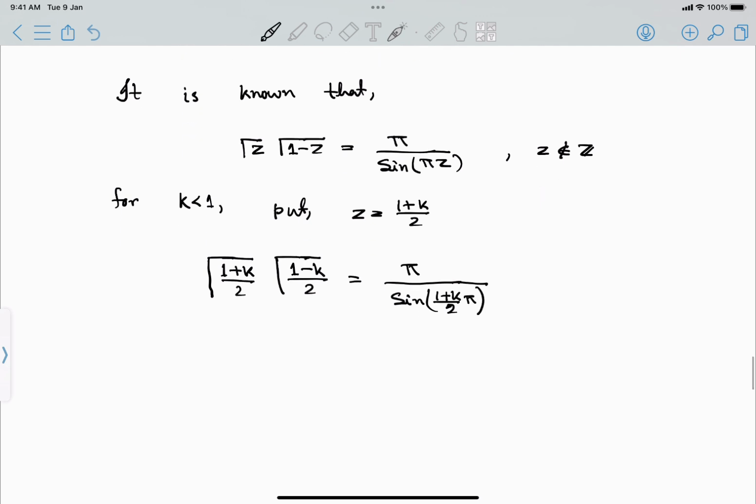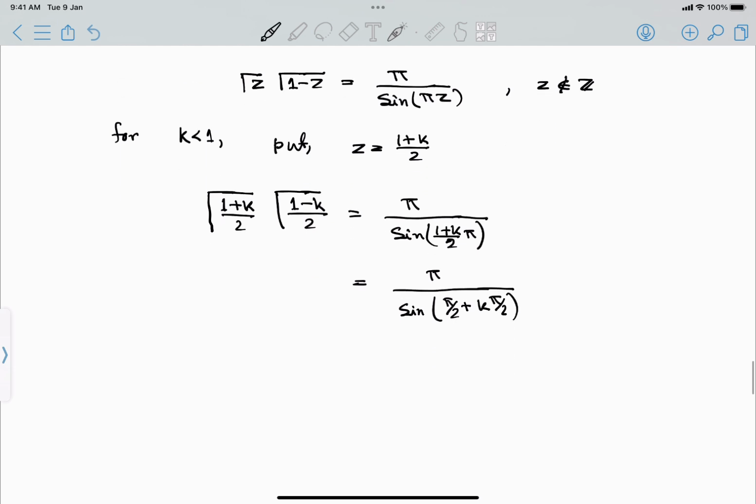Then if you simplify, you will get sine of pi by 2 plus k pi by 2, means it is pi by cos k pi by 2. So this is pi into sec k pi by 2. So you have got this.